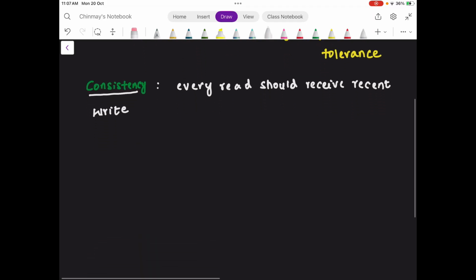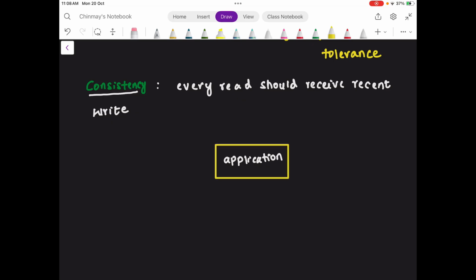Let's understand in detail with an example. Let us consider one application, a banking application. Consider one user A. Initially, user A deposits money, that means performs a write operation. He deposits 1000 rupees.